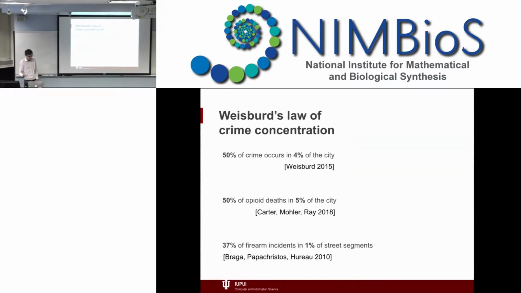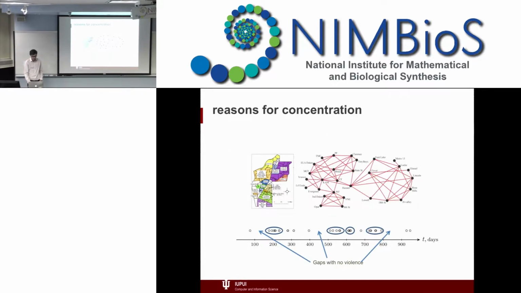And then this has been done for actual firearm incidents. This is Andrew Papachristos, one of the organizers, and Braga: 37% of firearm incidents in Boston occur in about 1% of street segments. So a lot of these incidents are highly concentrated. There are a lot of reasons why this might occur. Sometimes it's contagion. This is Eastlake and Clover Street in Los Angeles, in Hollenbeck.